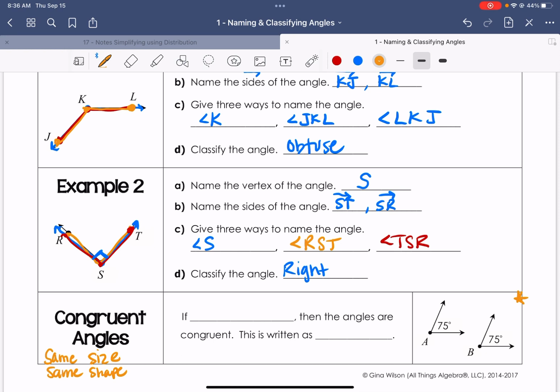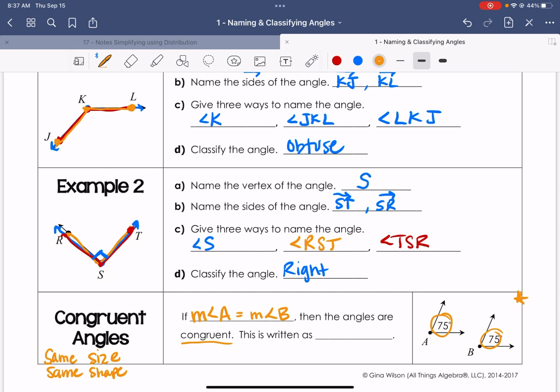So we can say if the measure of angle A is equal to the measure of angle B, and we know they're equal because we can see right here on the picture they're both 75 degrees, then the angles are congruent. They're the same size.